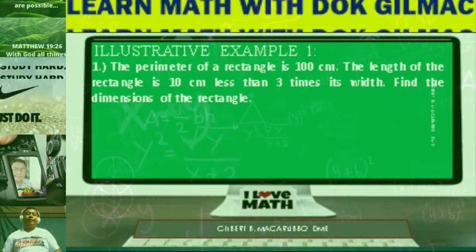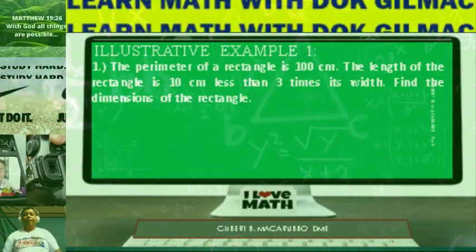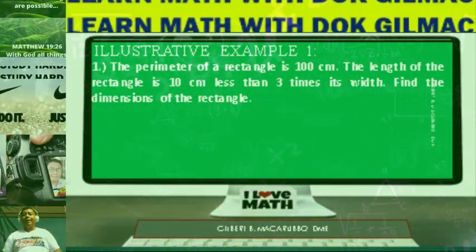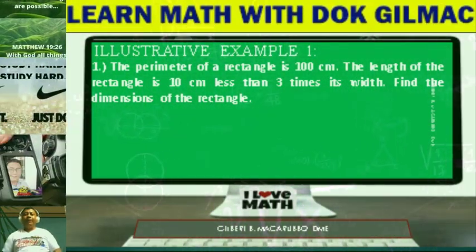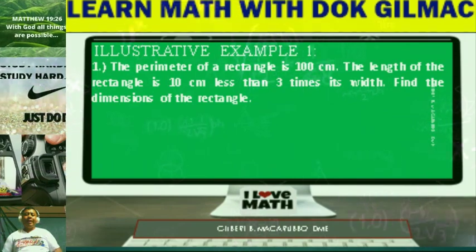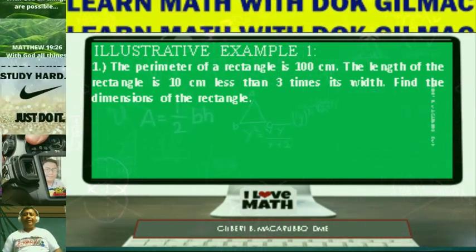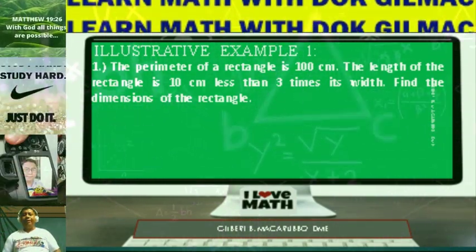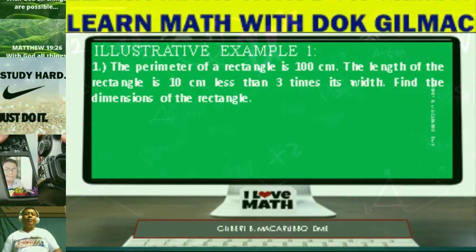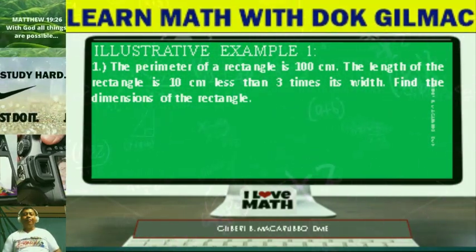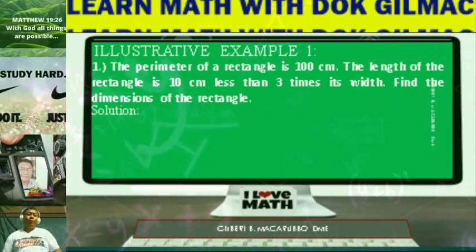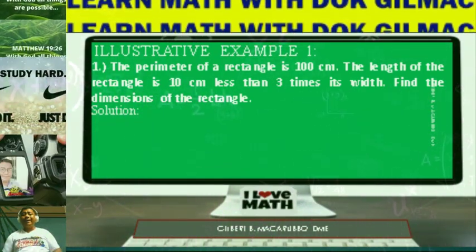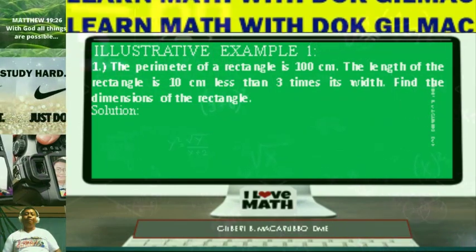Consider illustrative example number 1. The perimeter of a rectangle is 100 cm. The length of the rectangle is 10 cm less than 3 times its width. Find the dimensions of the rectangle. The first thing we have to do here is to represent the unknown quantity.